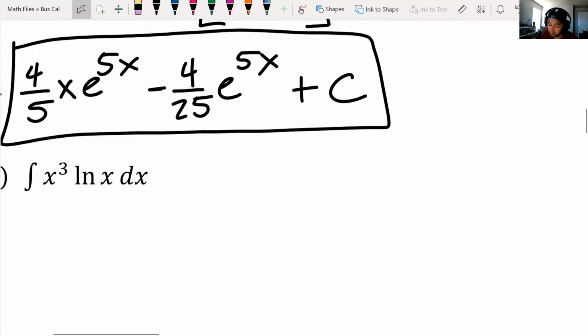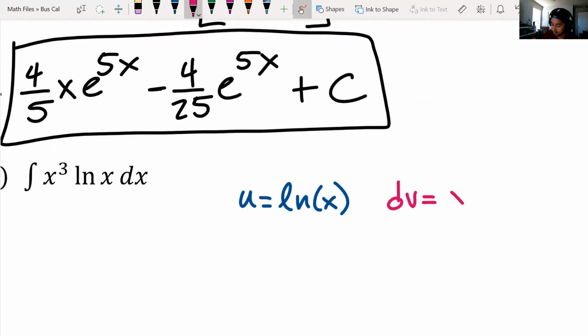Well, for this problem, we're going to have to make u the natural log of x, and we're going to have to make dv x cubed. And the reason for this is because if we let dv equal the natural log of x, we have no idea what the antiderivative of the natural log of x is.